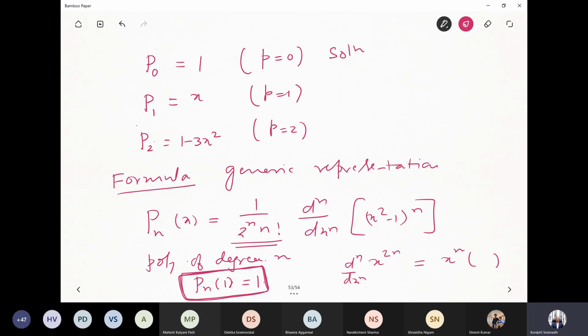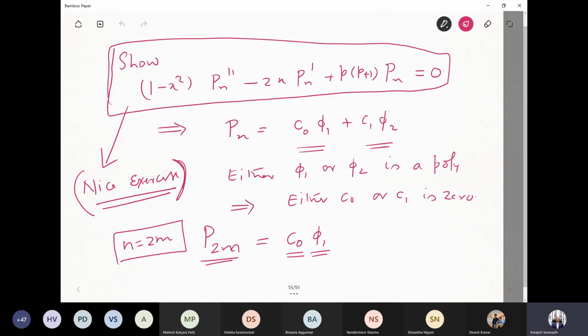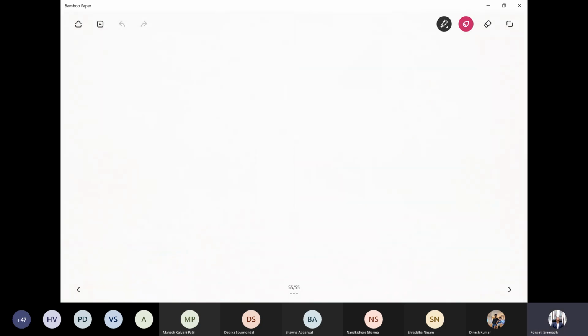Apply the product formula. You have x square minus 1 written as x minus 1 into x plus 1. You have to do this. These are some nice exercises you can try, coming from calculus. So you see x square minus 1 to the power n. What is this?